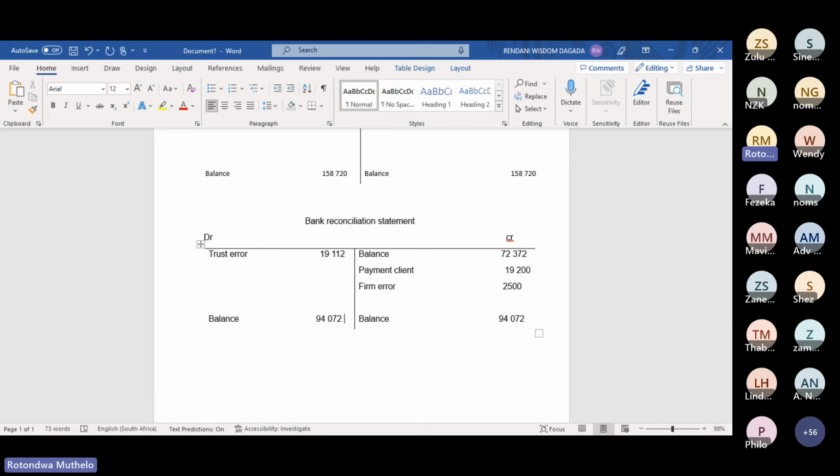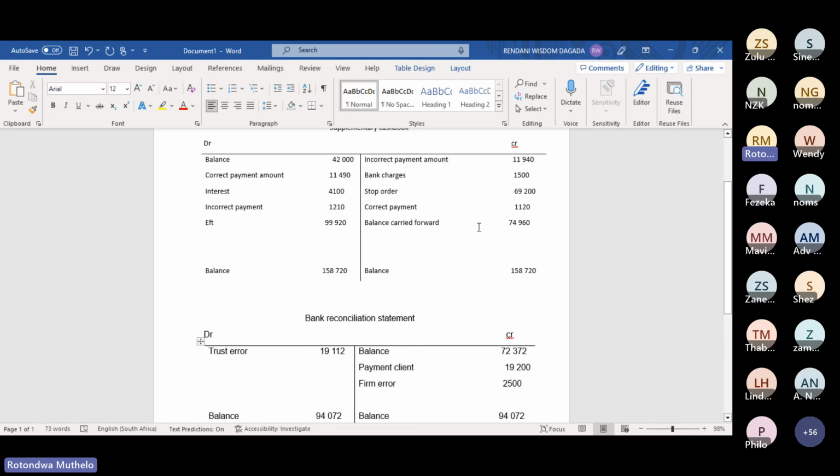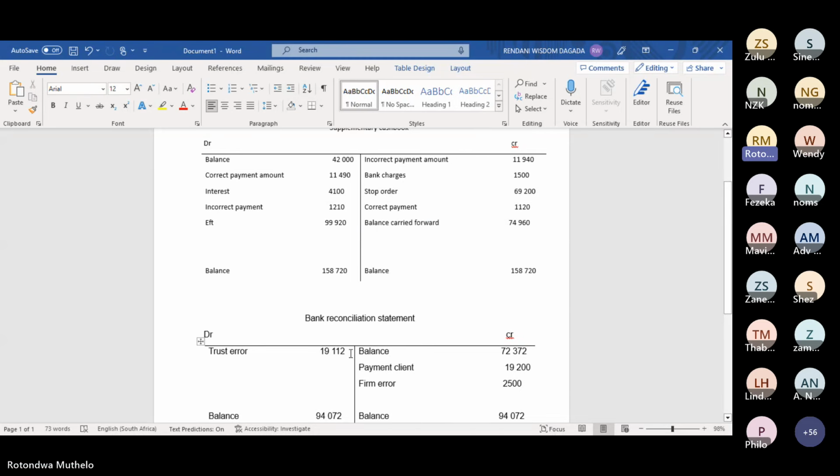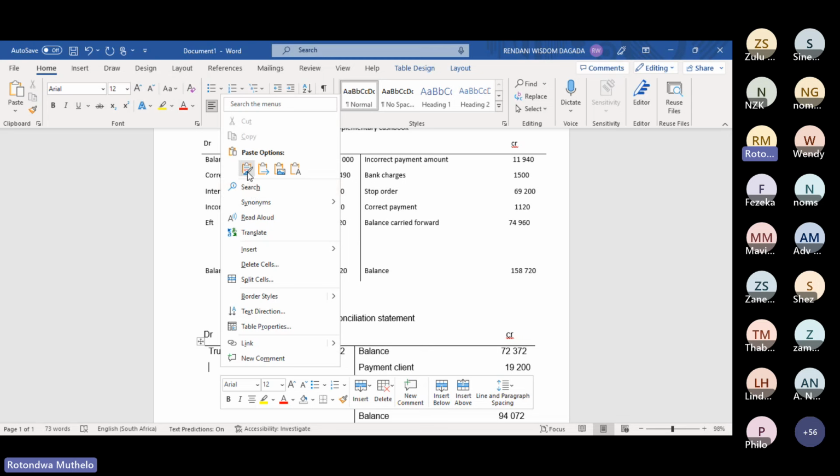Now we calculate how much is left in order for 19,112 to reach 94,072. So we say 94,072 minus 19,112, which gives us 74,960, the same as the balance carried forward we got up here.